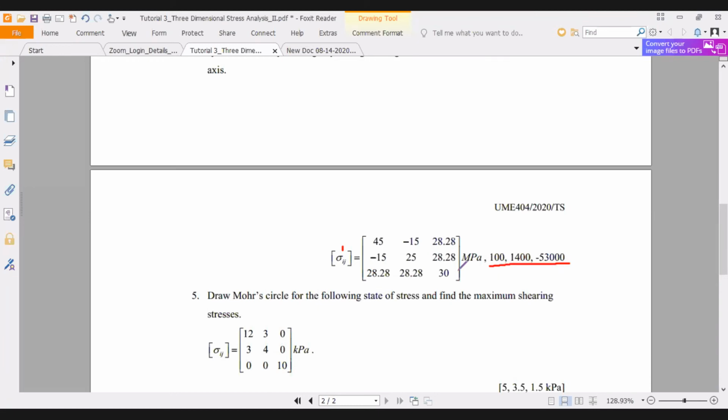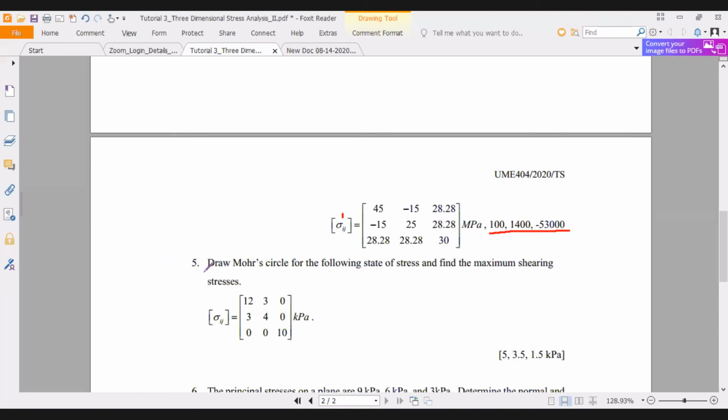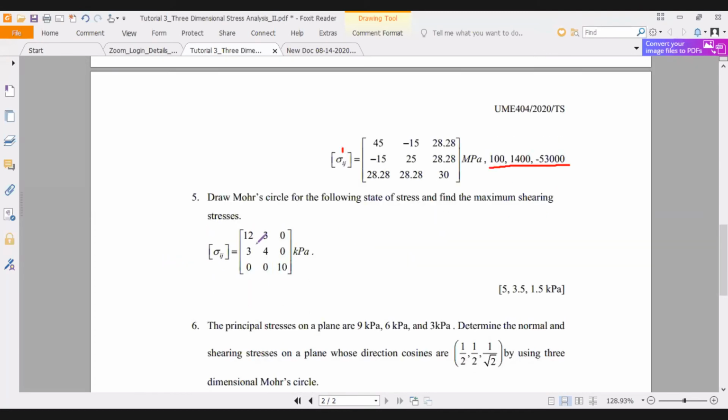Okay, so now the fifth question. Draw Mohr circle for the following state of stress and find the maximum shear stress corresponding to the stress field given. So basically, this is a problem of 3D Mohr circle.